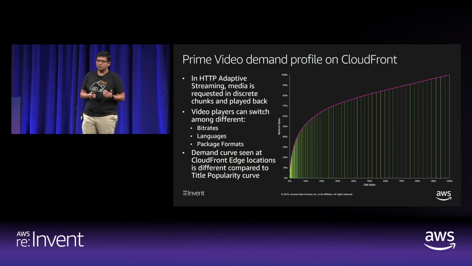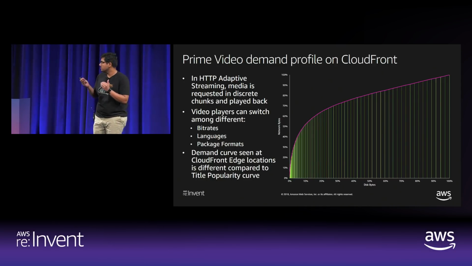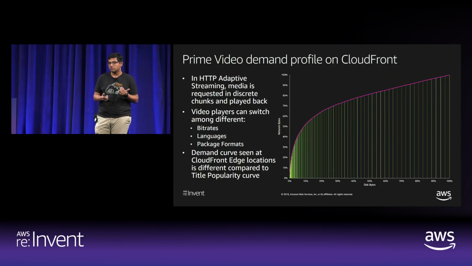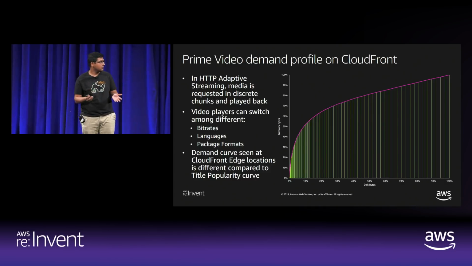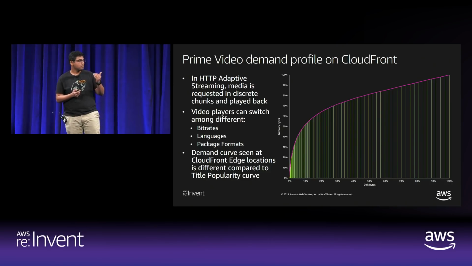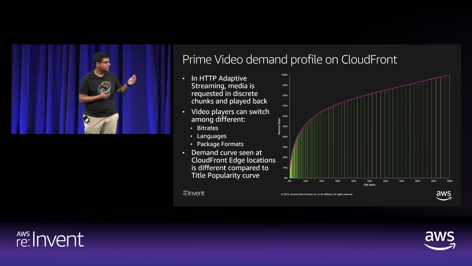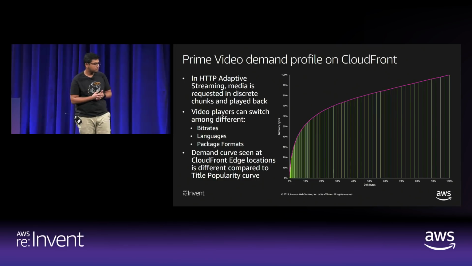Now, during the course of playback, a video player can also switch representations, and that could depend on user choices, maybe in terms of languages that they want to listen to differently, or the video player is taking into consideration network conditions to determine what bitrate needs to be displayed at the current time.